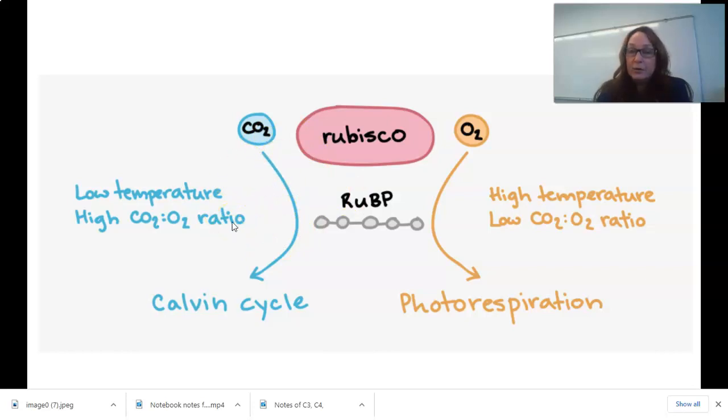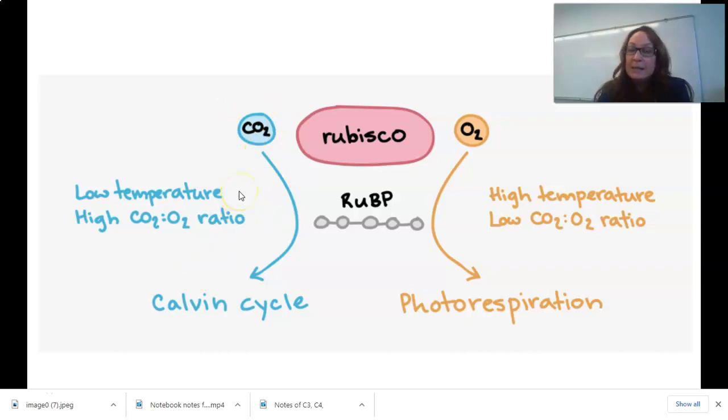The Calvin cycle uses ATP and NADPH from the light reactions, and they're going to provide the energy to create a sugar through the Calvin cycle.